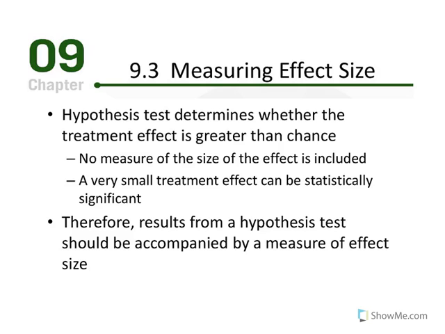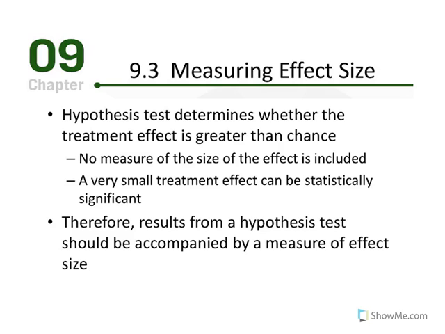So again, we determine what those critical z values are based on our alpha, one-tailed, two-tailed test, and the calculated value of standard error. But we also recognized and saw that mathematically, the standard error is a function of sample size.